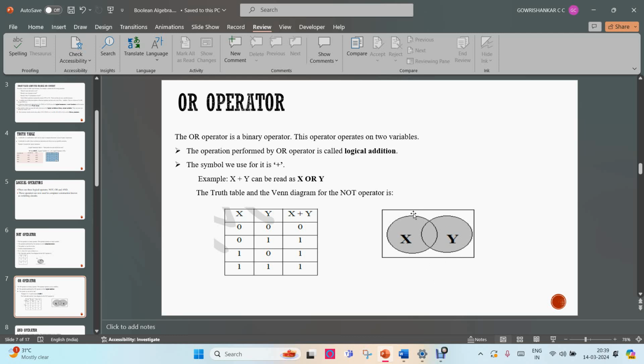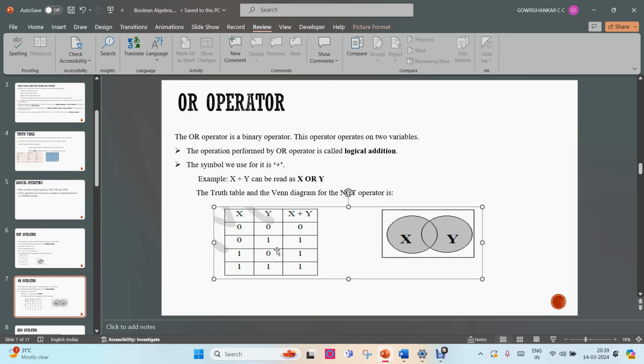This is the Venn diagram. To write this truth table, there are two variables, so the inputs are 0 0, 0 1, 1 0, 1 1. See here, 0 0 becomes 0.